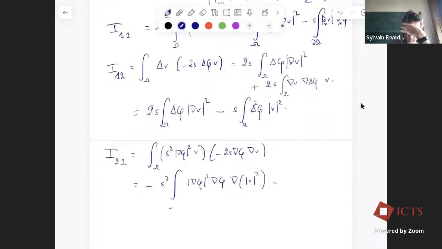So you do one integration by parts, and you get that it is s3 divergence of gradient of phi square gradient of phi V square.